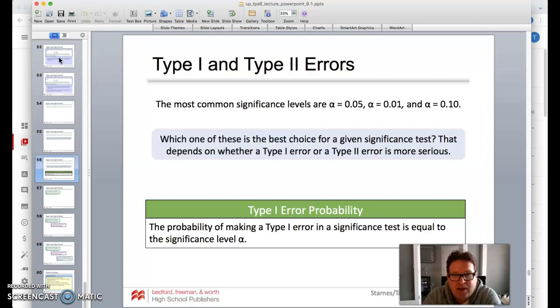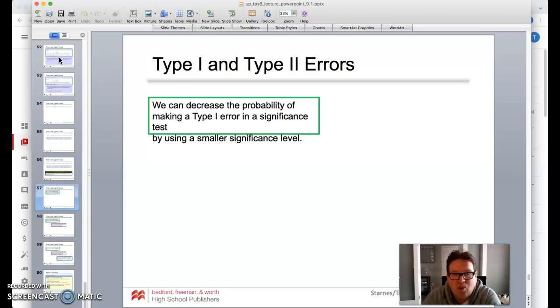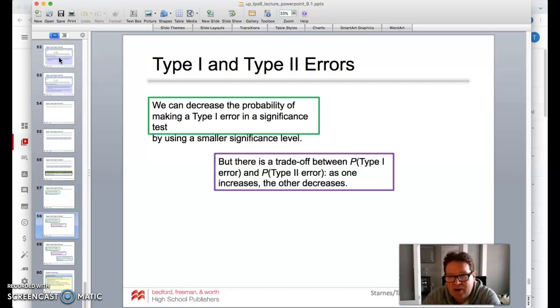Now, the probability of making a type 1 error in a significance test is equal to that significance level, alpha. So we can decrease the probability of making a type 1 error by using a smaller significance level. But there's a trade-off. As one increases, the other decreases.